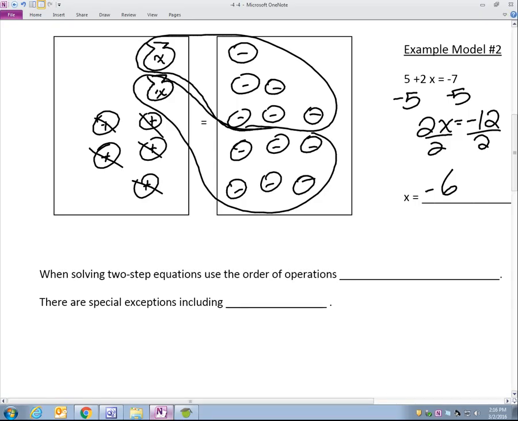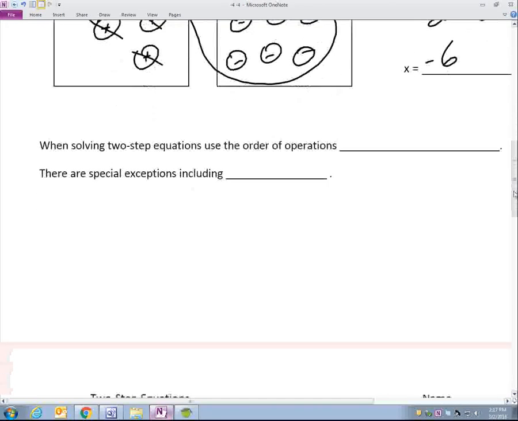Yes. I took 5 away from the left side and the right side. And when I have a negative 5 already and I take 5 more away, I become more negative by 5. Negative 7 minus 5? Negative 12. So you have negative 6.